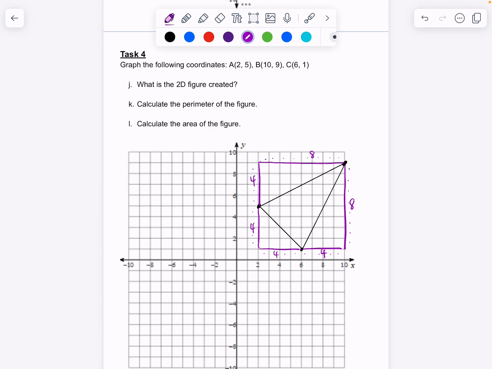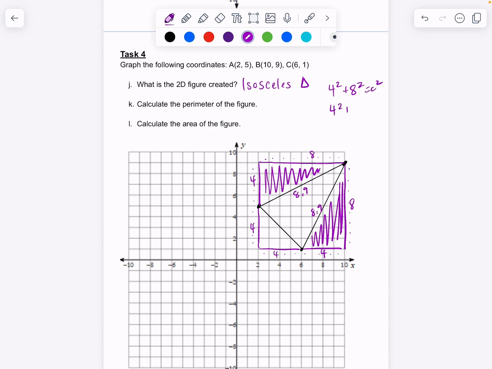So this looks to be isosceles, and that's because I can see from my two triangles here and here, they have the exact same length. So the hypotenuse is going to be the same. So 4 squared plus 8 squared equals c squared. That would give me that length, which ends up being 8.9 on both sides.